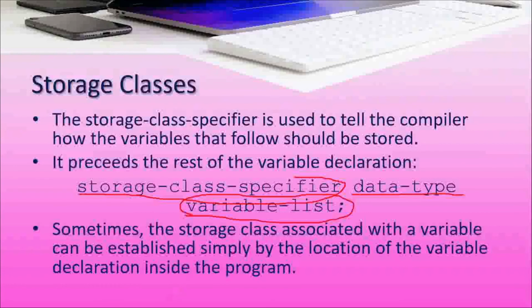In many cases, not just sometimes, the storage class associated with a variable can be established simply by the location of the variable declaration inside the program. That is, in which position the variable is declared: whether outside the main function or outside all the functions, or inside a specific block of code.